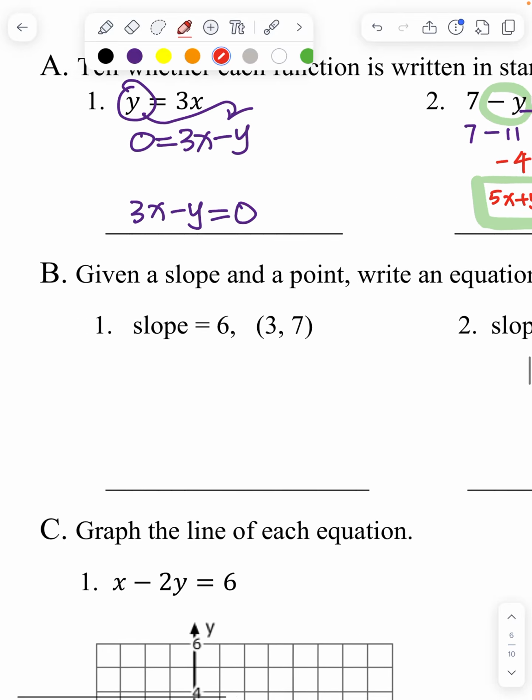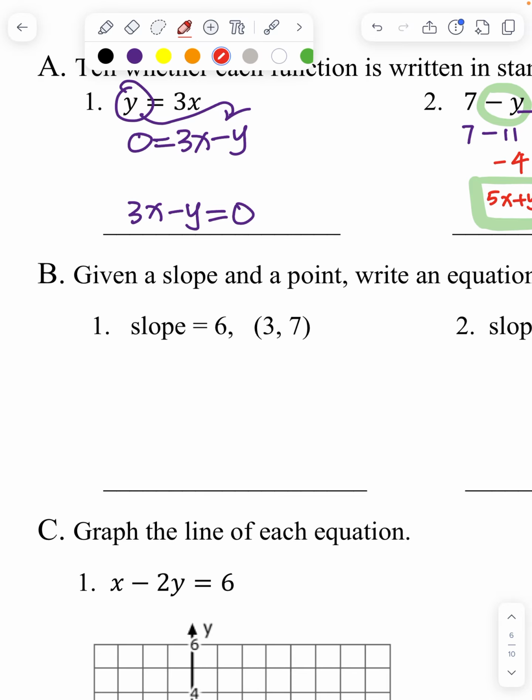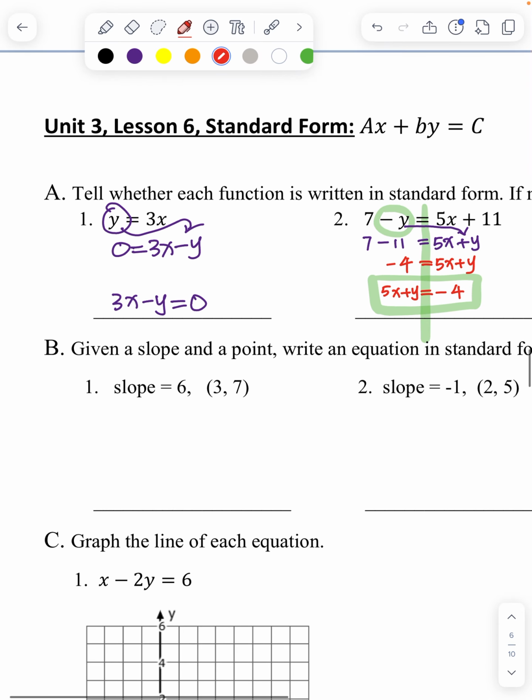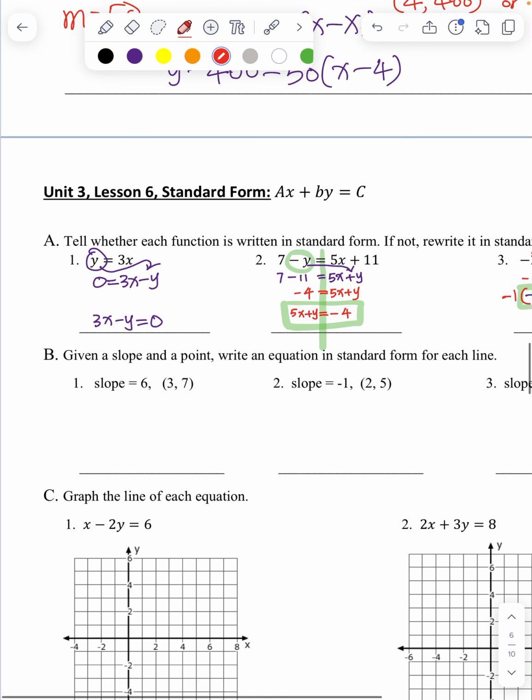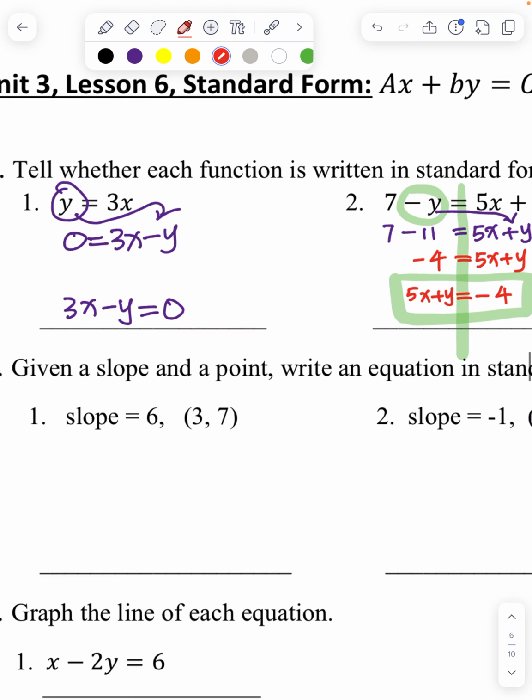Okay, part B. Given a slope and a point, write the equation in standard form for each line. Whoa, slope and a point. First, we're going to write it in point-slope form. So this is x1, y1.